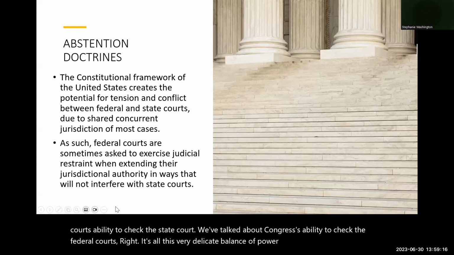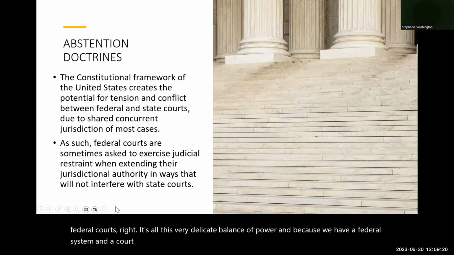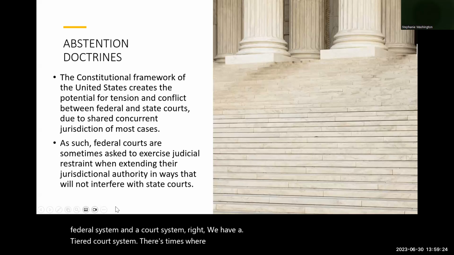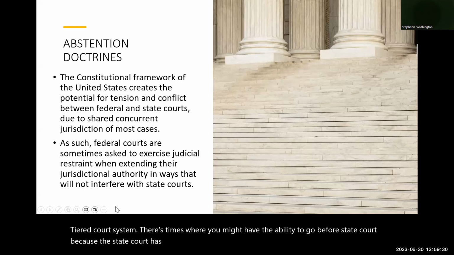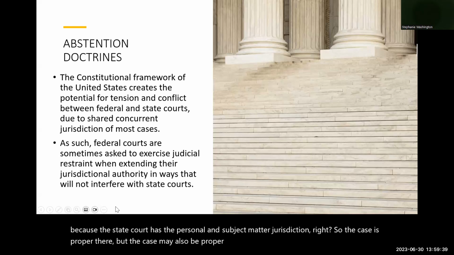And because we have a federal system and a court system, right? We have a tiered court system. There's times where you might have the ability to go before a state court because the state court has the personal and subject matter jurisdiction, right? So the case is proper there. But the case may also be proper in the federal tribunal.